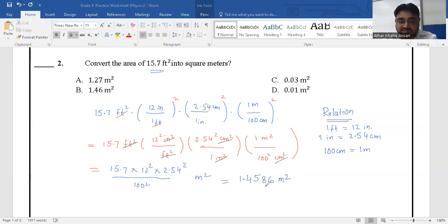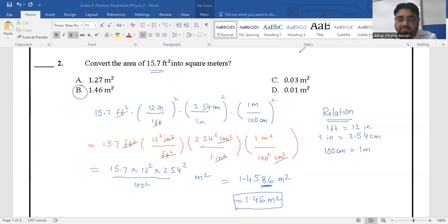So I will convert this into three significant figures. So I need to remove this 86, which is greater than 50, so I will change the previous number, which was 5, to 6: 1.46 square meters. So this is my answer choice, which is choice B. So this is how we can easily solve it.